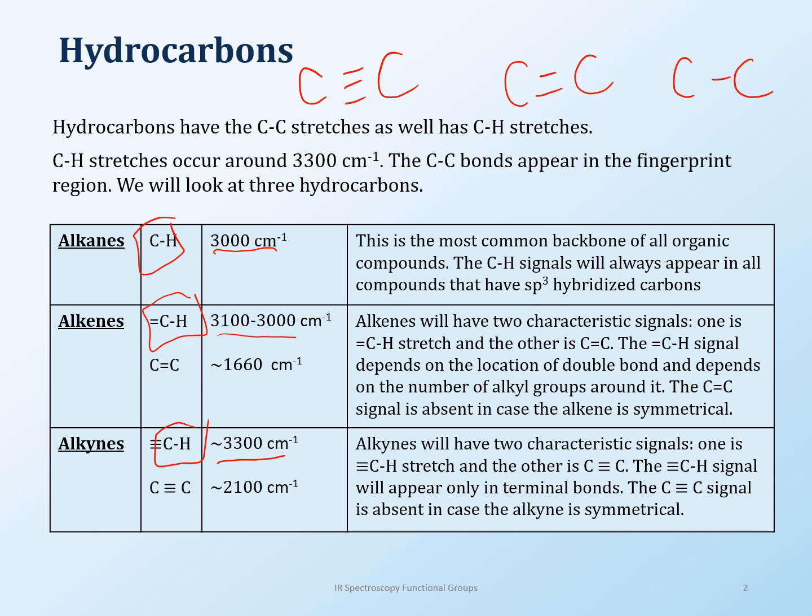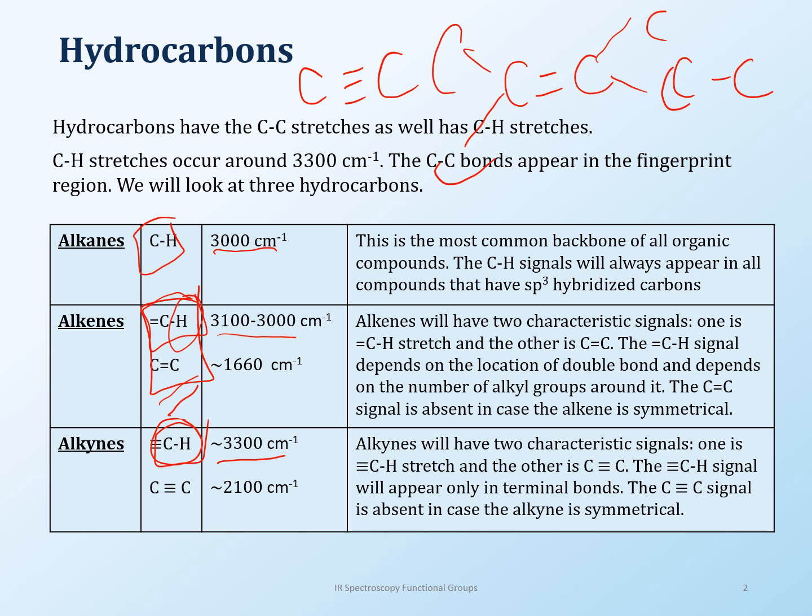The other thing I really want to emphasize is that when you have an alkene, you're looking for two different things. That depends also on whether your alkene is fully substituted or not. If you had all carbons around it, then you're not going to have the CH stretch, obviously. So it depends on what is around that double bond. The same thing goes with the triple bond.